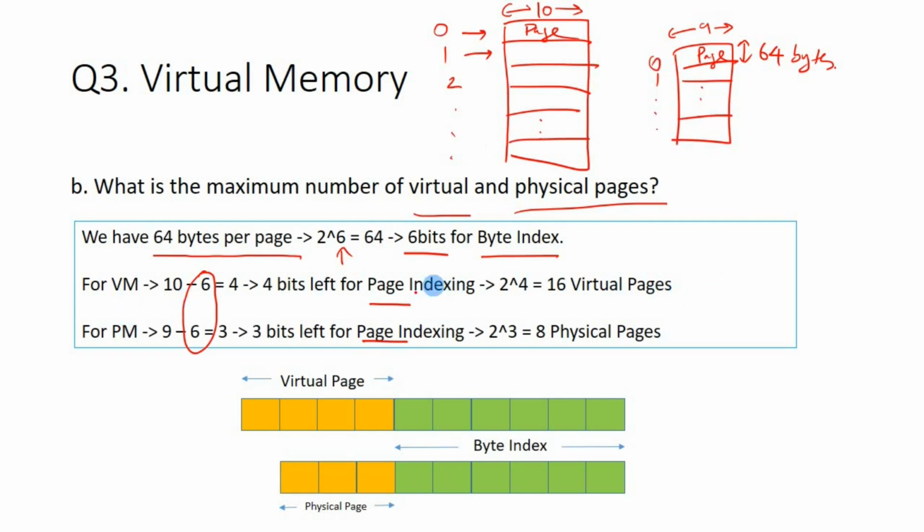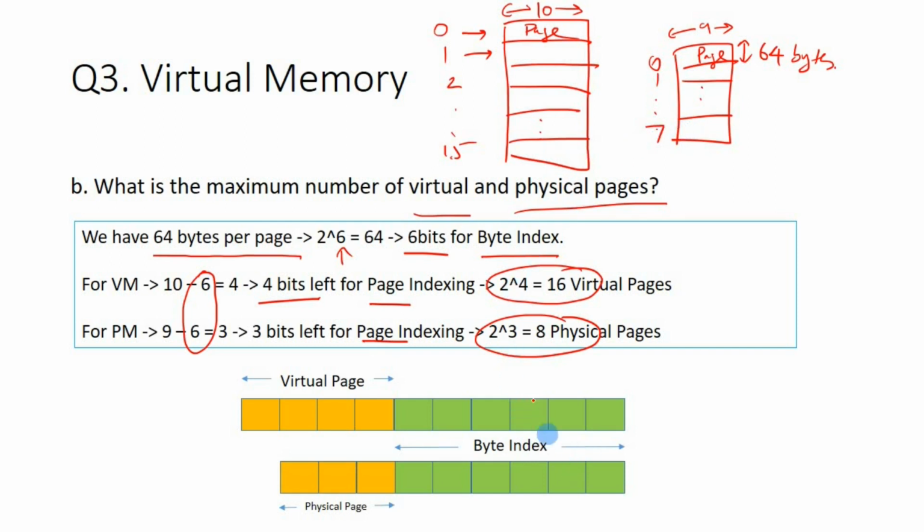For the virtual memory, 10 minus 6, I have a total of 4 bits, which means I have 16 virtual pages, so I have 0 to 15 over here. For the physical memory, 9 minus 6 is 3, so 2 to the power 3 is 8 physical pages, so I have 0 to 7. So 16 virtual pages are going to map to 8 physical pages.